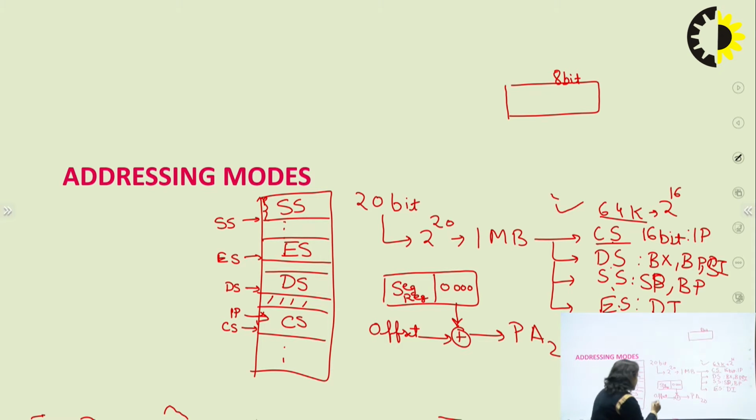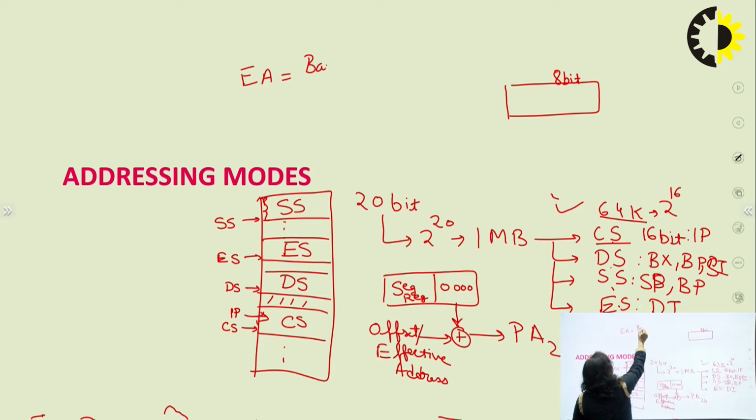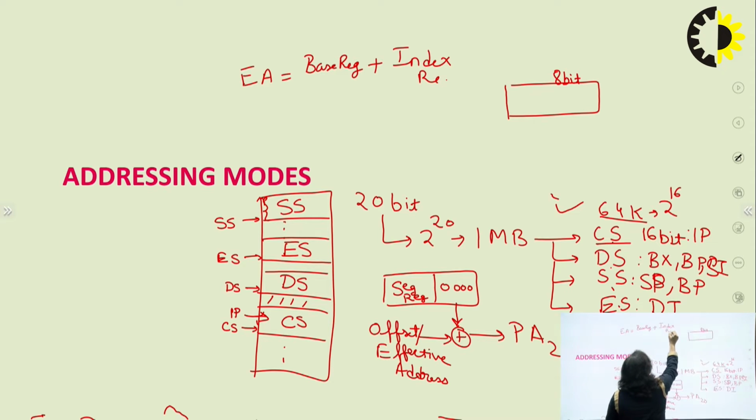This offset is also called the effective address, and it may contain one or several registers. So the effective address is specified in either base registers or index registers, or can be directly specified by an 8 or 16-bit displacement.